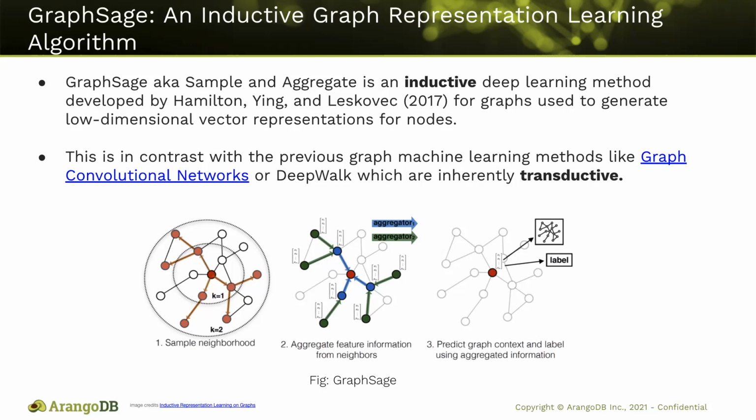then these traditional graph convolutional methods or the DeepWalk methods need to train on the whole graph again in order to learn the node embeddings for this newly added node.